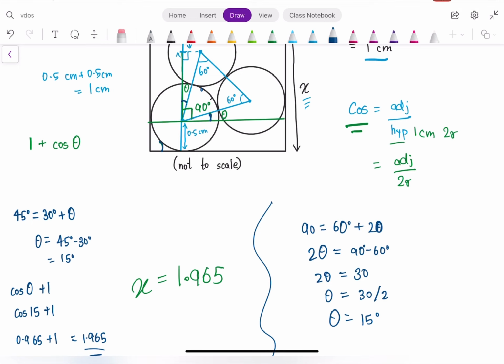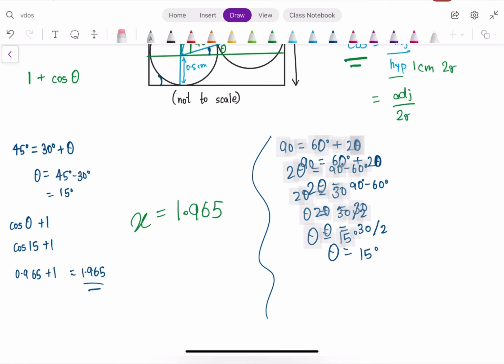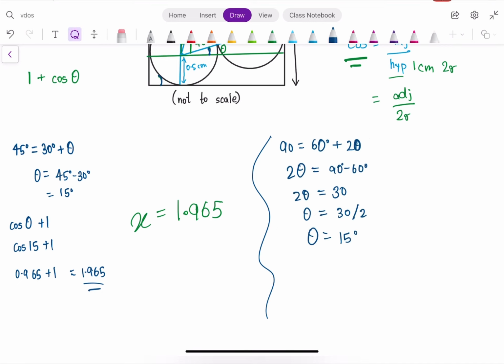From this point on, we continue the same way we did before, which is finding the value of cos theta, which is cos 15, and then adding 1 to it. So cos theta plus 1 is cos 15 plus 1. Practically the same thing we did before, which gives us 0.965 plus 1, which gives us 1.965.